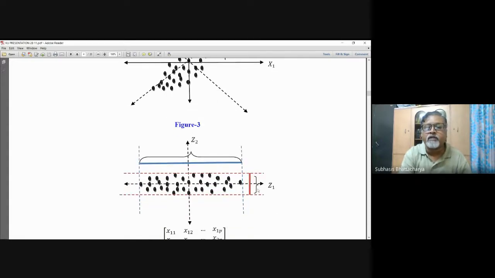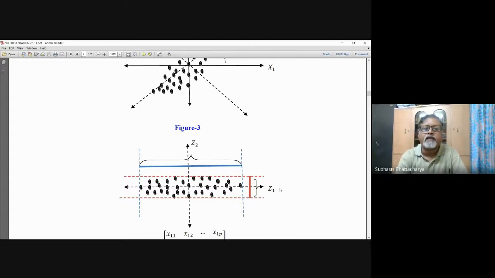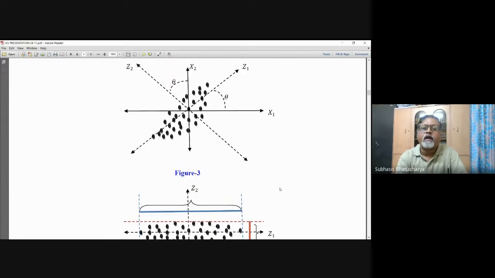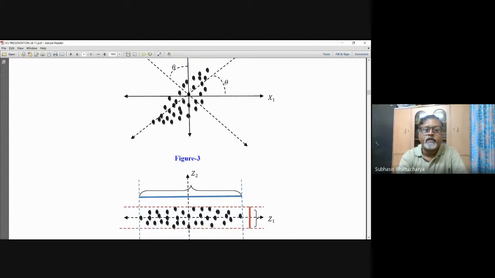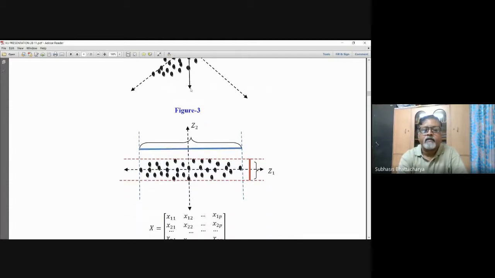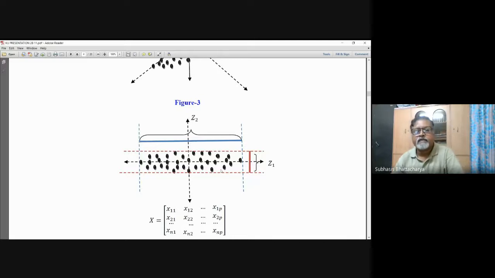Look at the position of the points in terms of Z1 and Z2, comparing figure 2 and figure 3. When I rotate the axis by theta, the position of the points in terms of Z1 and Z2 changes this way. Just observe. No mathematics, no calculation.